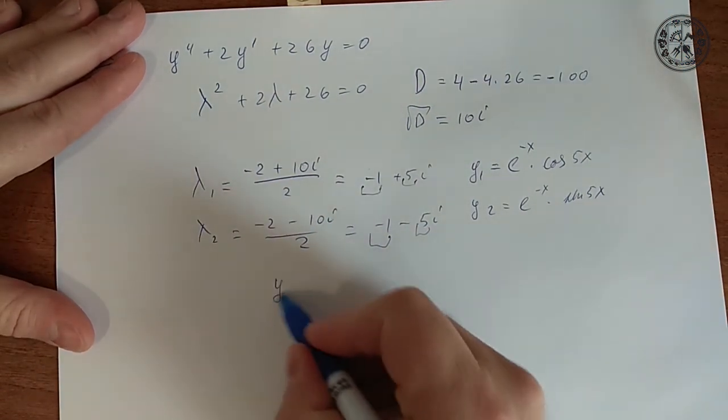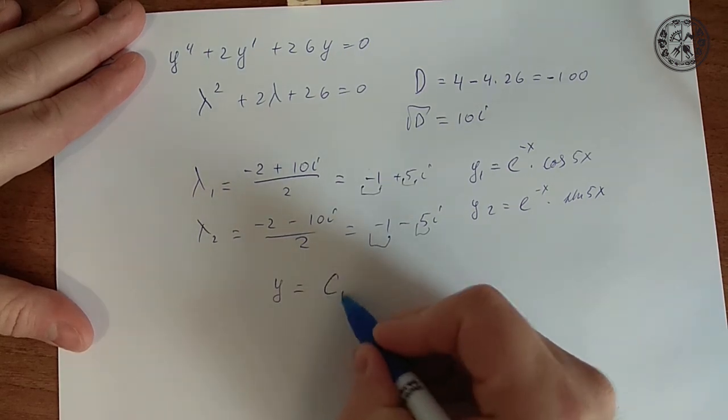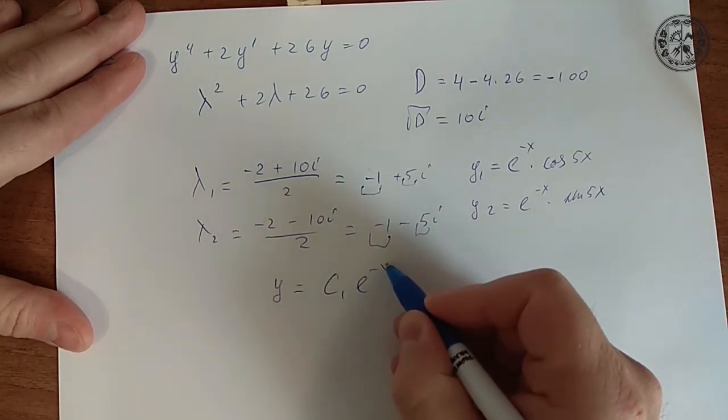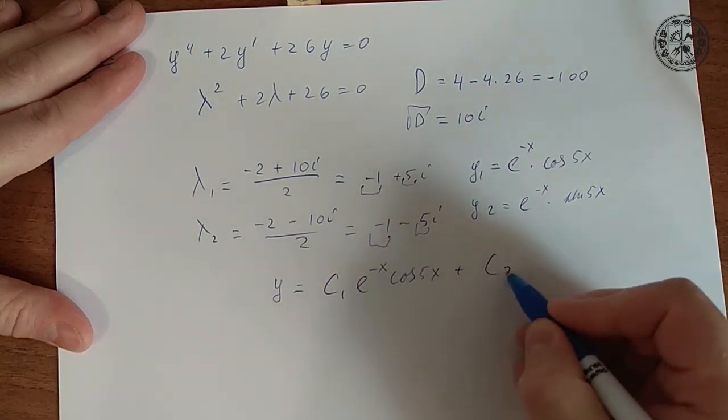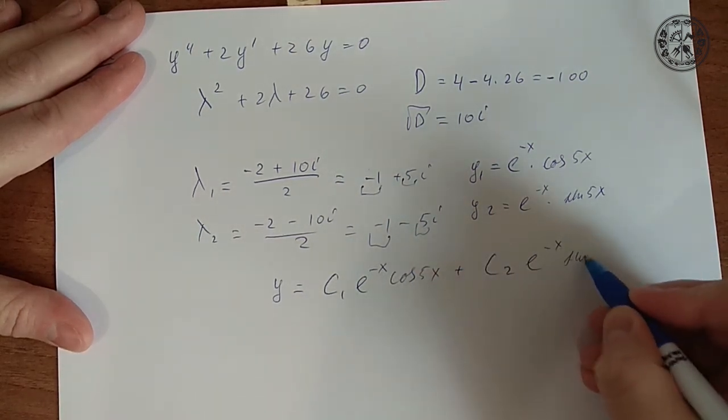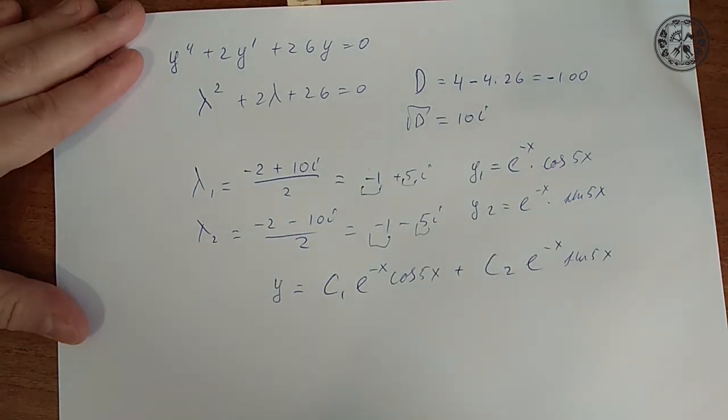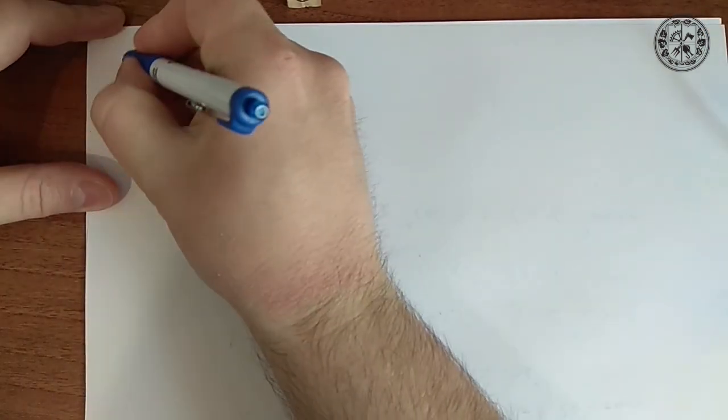And general solution will be c1 e power minus x cosinus 5x plus c2 e power minus x sinus 5x. But how can we solve Cauchy problem here? Let us consider an example.